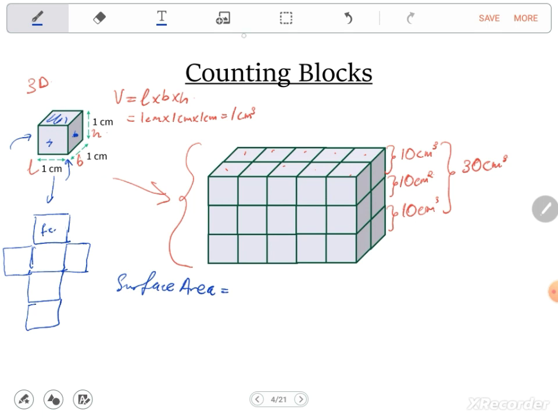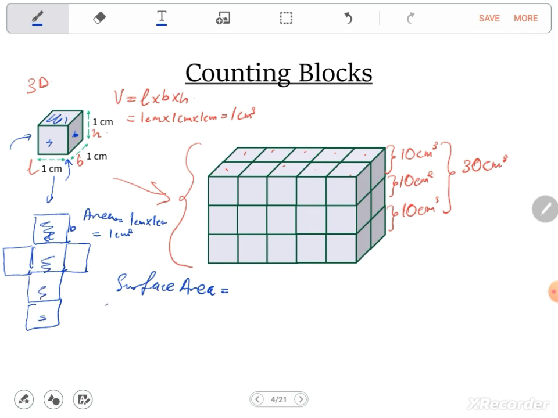What is the area of one face? The area of one face. So the area will be 1 centimeter by 1 centimeter. So we can simply say it's length times breadth. So obviously it will give us 1 centimeter squared, all right? So which means if we look at it, this one here is 1 centimeter squared, 1 centimeter squared, 1 centimeter squared, 1 centimeter squared.